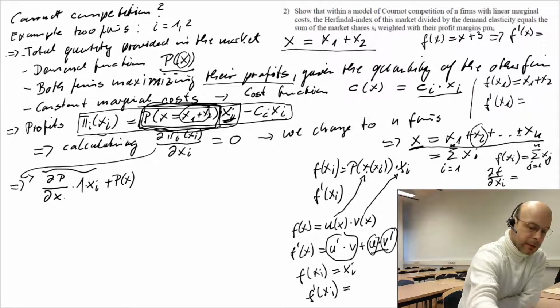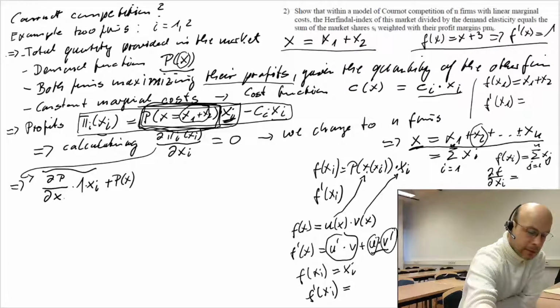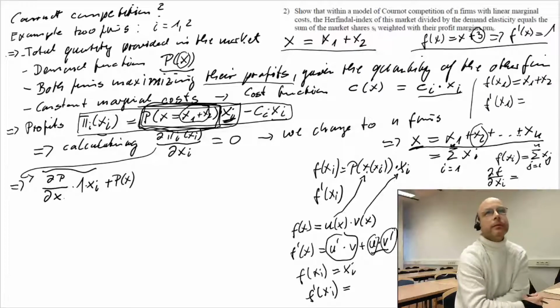So this is just the same as we have it here above, but we don't have here a 3, but a 0.